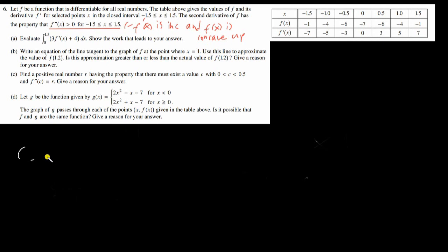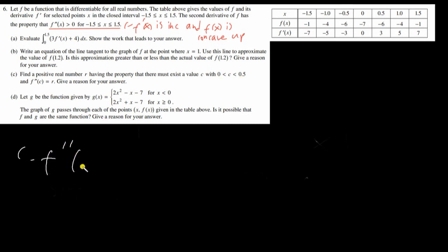So if we want to do this out, we'll say, okay, so by the mean value theorem, we know that there must exist a value of c between 0 and 0.5, where f double prime is equal to the average rate of change of f prime on 0 and 0.5, right?